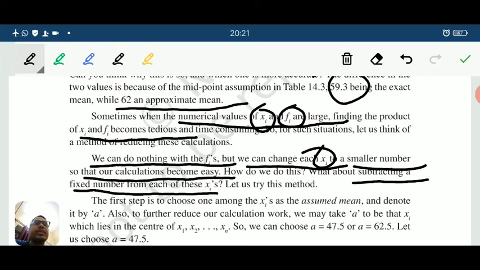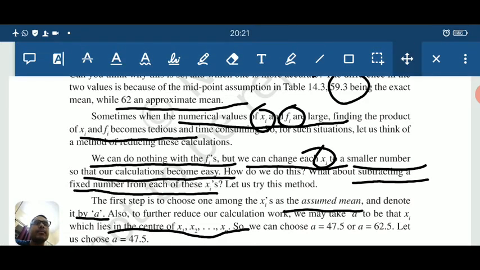Whatever number you take to subtract from the given observations is called the assumed mean. The first step is to choose one among the xi's as the assumed mean and denote it by the letter A. To further reduce our calculation work, we may take A to be the xi which lies in the center of the given observations. So let us understand by looking at the table here.